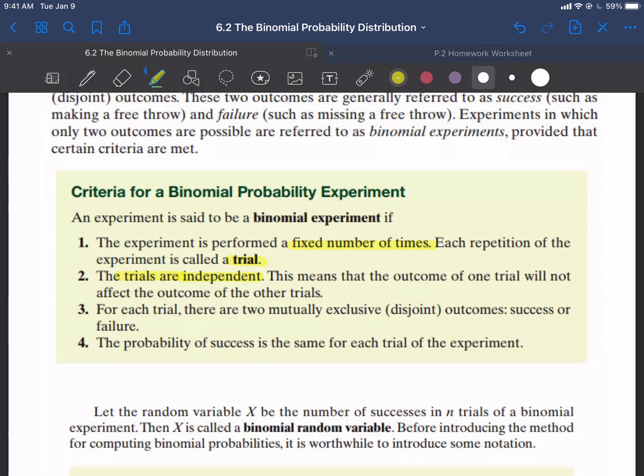For each trial, there are two mutually exclusive outcomes, either what we refer to as success or failure. And the probability of success is the same for each trial of the experiment. It has to meet those four criteria in order for us to consider it a binomial probability experiment.